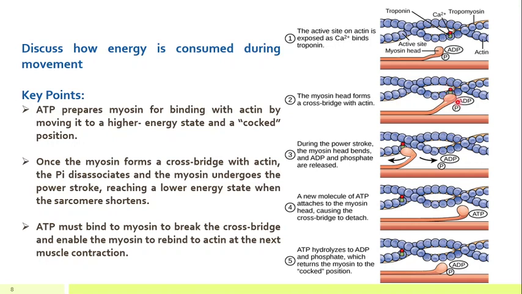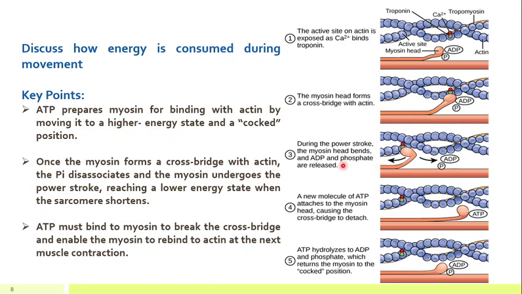This happens because of the attachment of calcium ion. As the calcium ion attaches to the troponin molecule, the head of the myosin gets activated and binds here. Here, from the ATP molecule, one inorganic phosphate is released and ATP gets converted into ADP.